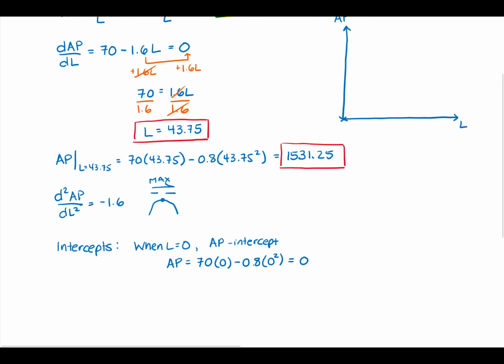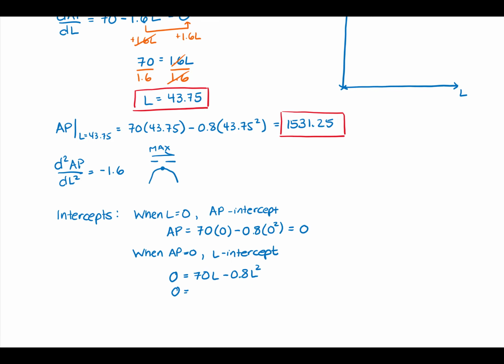Next, I'm going to look for the horizontal intercepts. That's going to be when AP is equal to 0. I'll get my L intercepts where I cross that L axis. So I'm going to set AP is equal to 0, and that's going to be equal to 70L minus 0.8 L squared. And I'm going to solve for L. I'm going to factor this, so I can factor out L. So I have 70 minus 0.8 L times L. And if either of these terms are equal to 0, then I should get a product that's equal to 0. So this will happen when L is equal to 0.